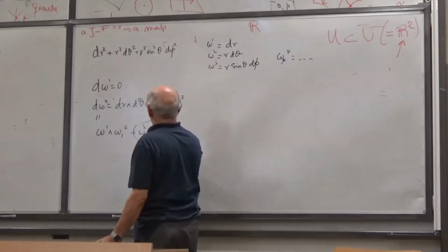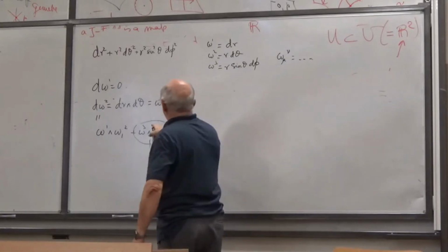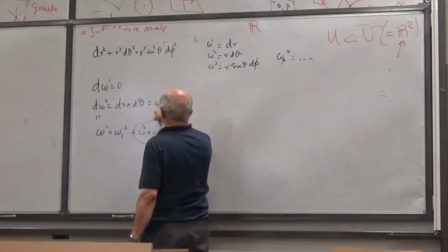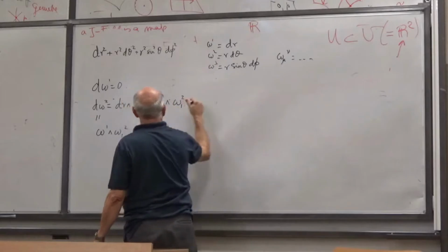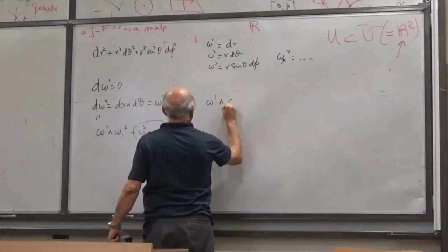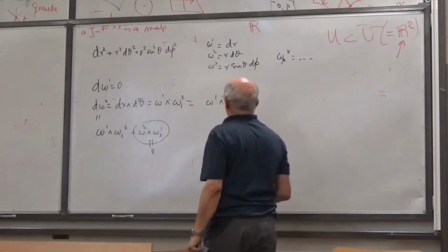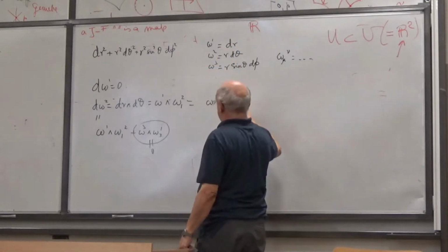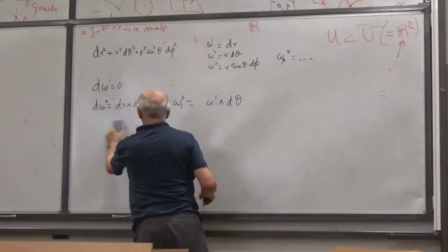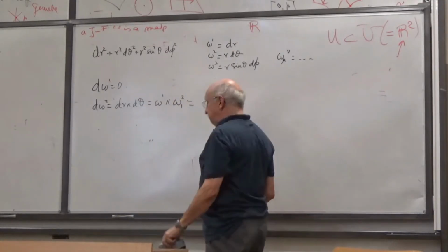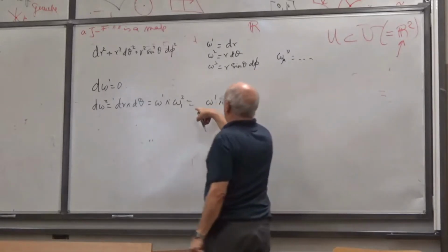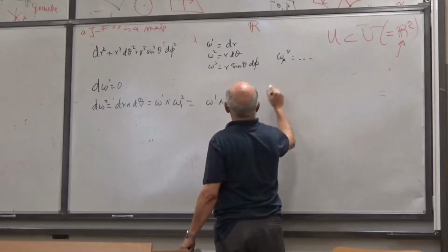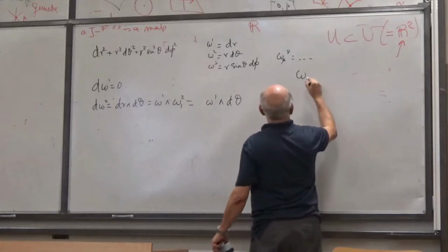Therefore, from the comparison, this is that, and this is that. Therefore, I read from here, this is omega 1, d theta, and from here I read that. Correct me if I do something stupid, that is very likely. From there, omega 1, 2 will be found by inspection. That is my first piece of information.